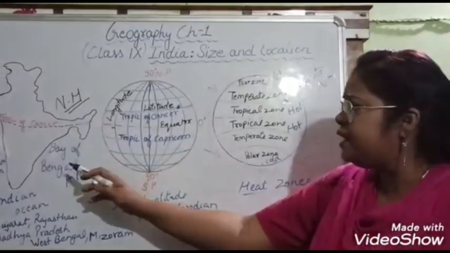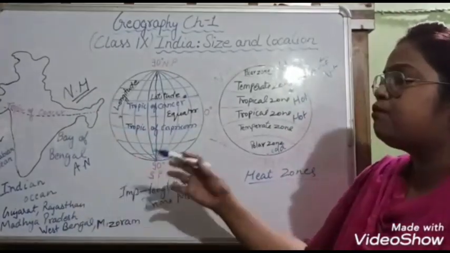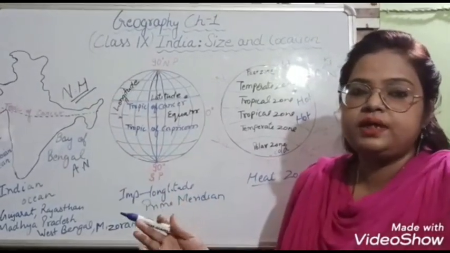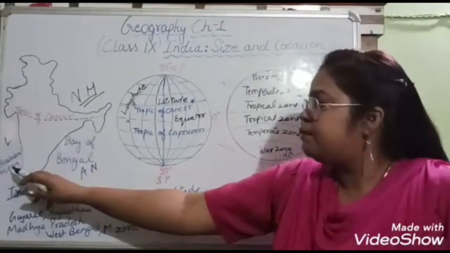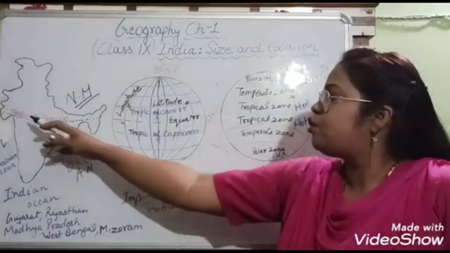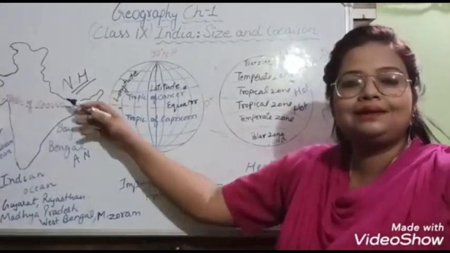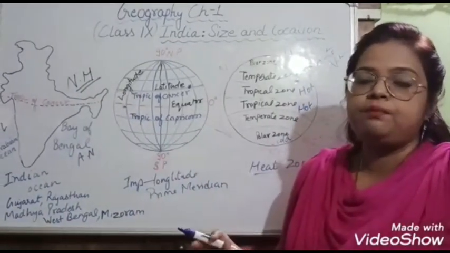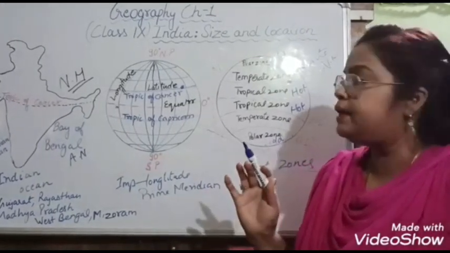So we have understood the location, and what water bodies our peninsular India has: three sides surrounded by water, a peninsular type of country, Arabian Sea, Bay of Bengal, Indian Ocean, water on three sides. And the Tropic of Cancer is the main latitude that is crossing India into two equal parts. This is why India is experiencing a tropical type of climate, meaning very hot climate, and thus we also have a good monsoon throughout the year.